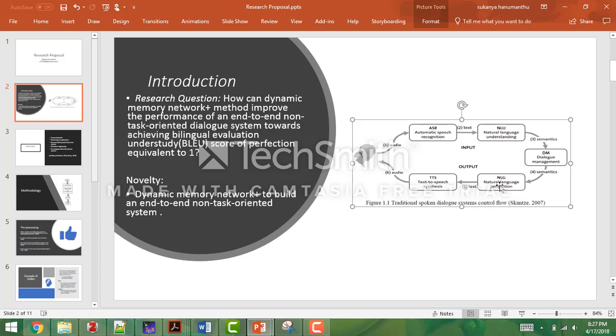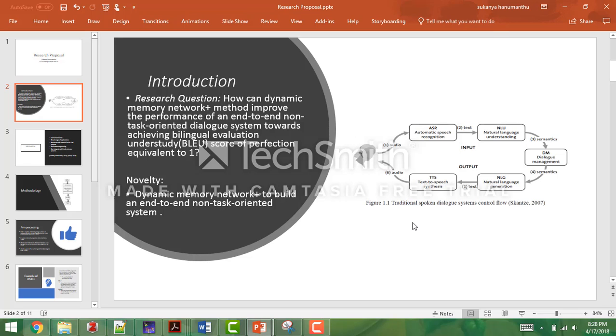Whether it's English or any other language, the machine has to understand the language and the semantics, and then use dialogue management to pass the semantics on to natural language generation, based on the context and what they are asking me for. Then it produces an output and passes it to the text to speech synthesis and then produces the audio output again.